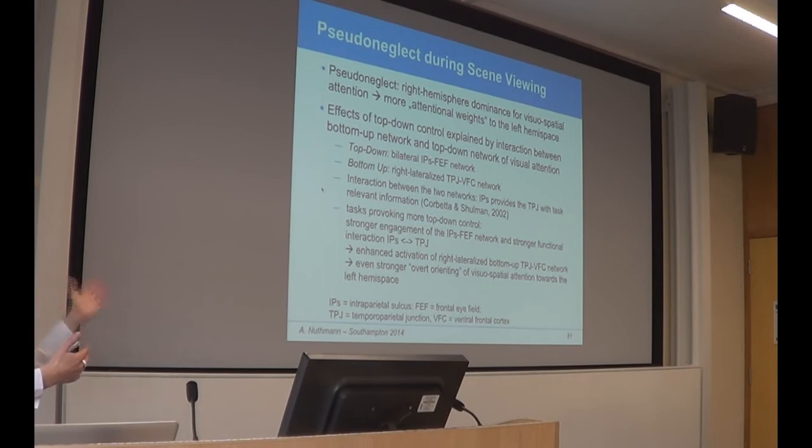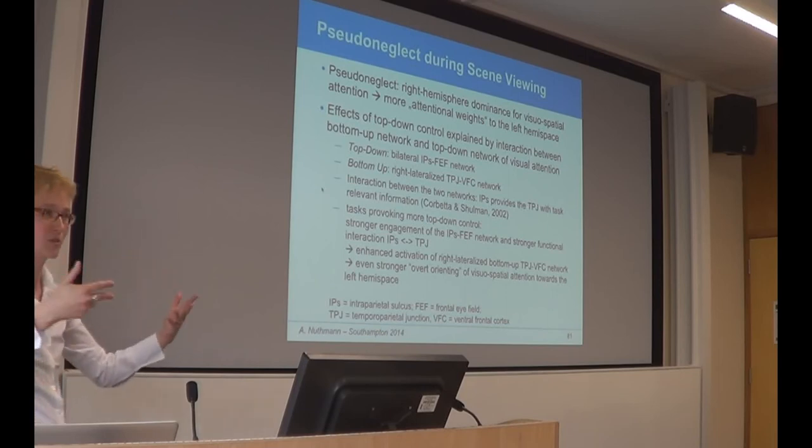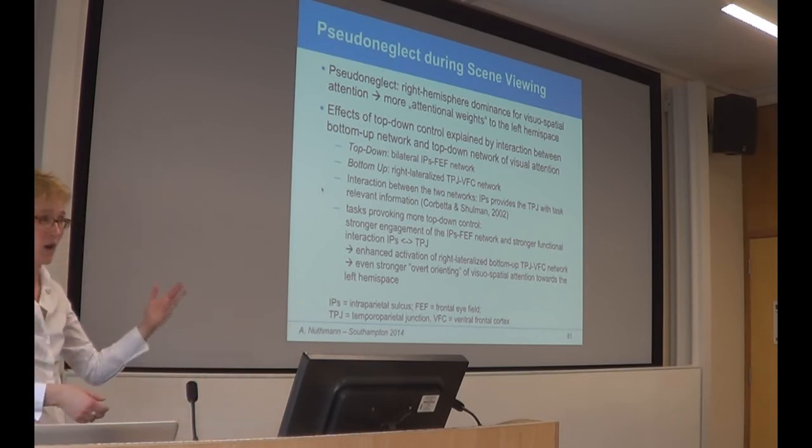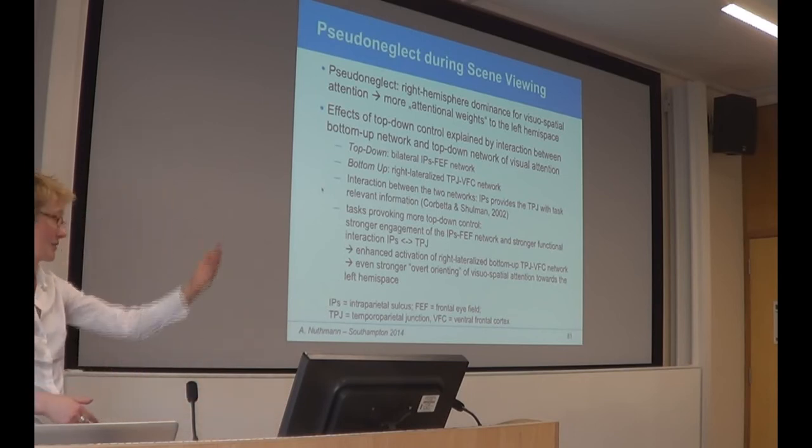So in the memorization task, where we post hoc argued there's more top-down control involved, because I make you focus on, say, objects more, the effect was stronger: the amplitude was larger and it lasted longer.